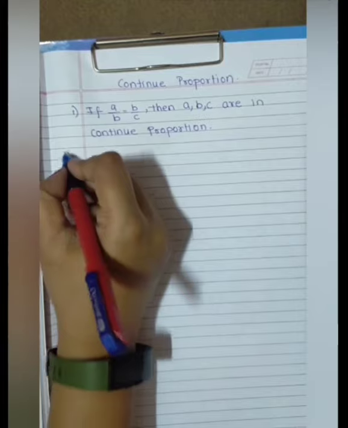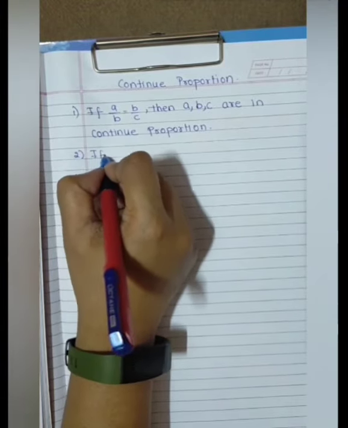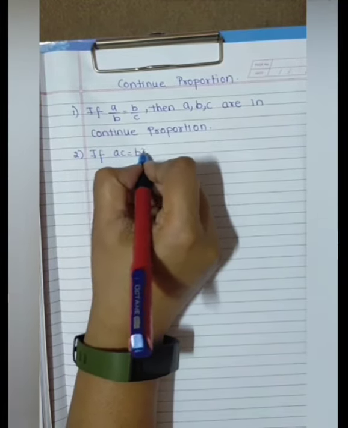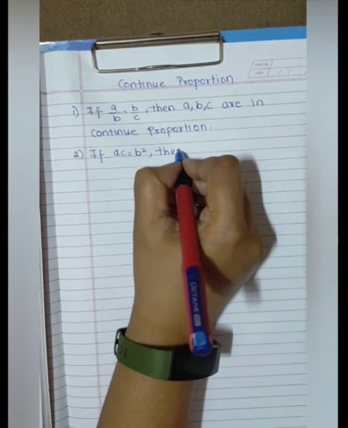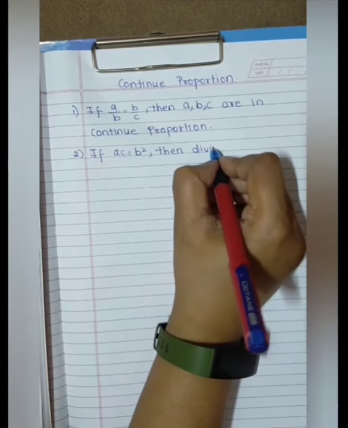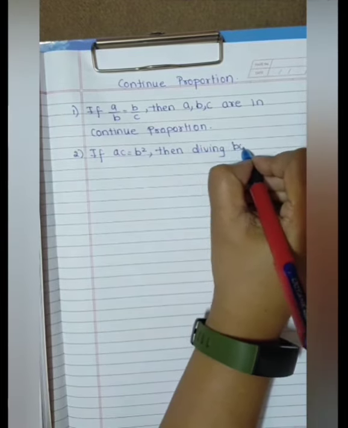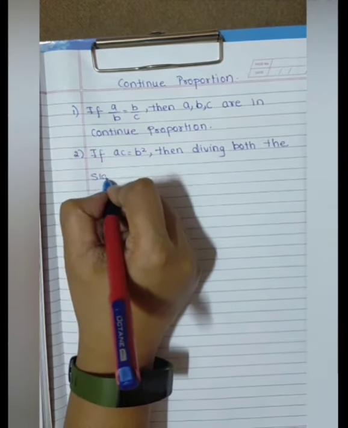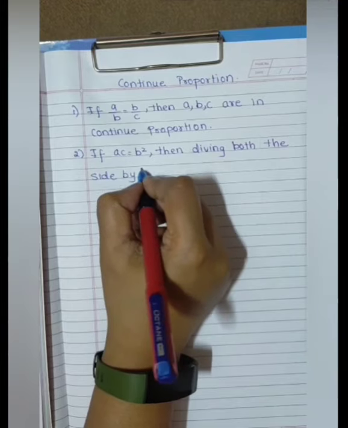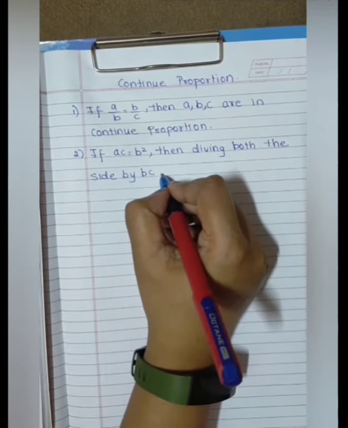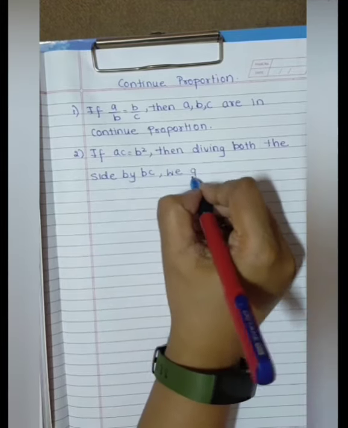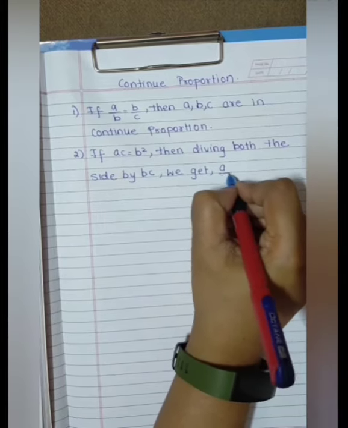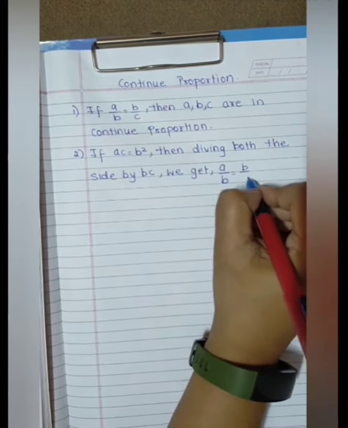Now the second point: if AC is equal to B square, then dividing both sides by BC, we get A upon B equal to B upon C.